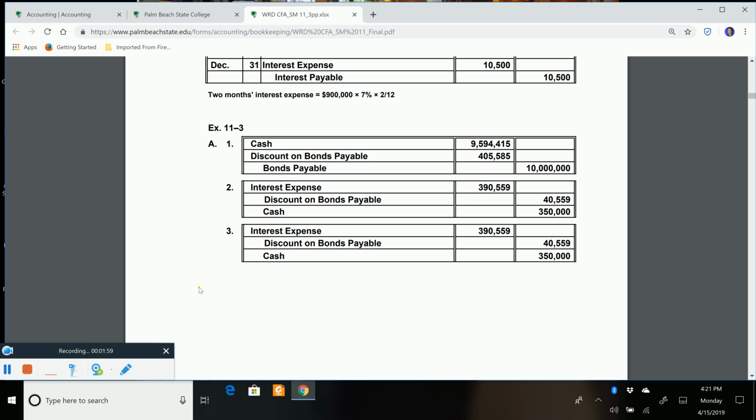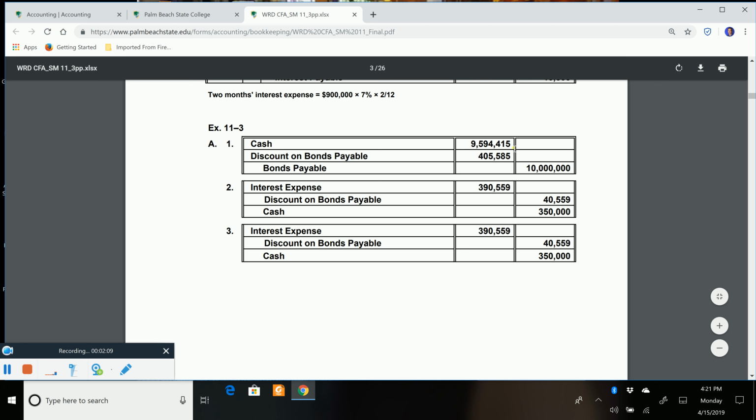And so we were able to sell the $10 million bonds for a total cash price of $9,594,415. So that's the amount of cash we received, so we'll debit cash. Now the whole $10 million needs to be paid back to the bondholder at the end of the bond term. So they know they're going to get a full $10 million back, even though they're only investing $9,594,000.